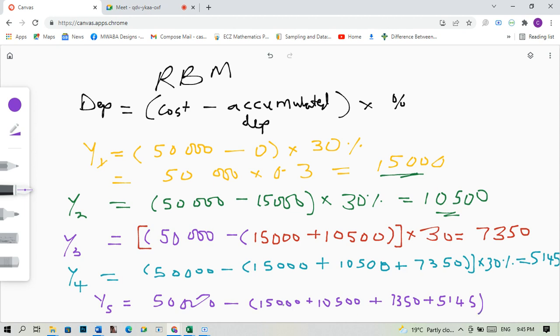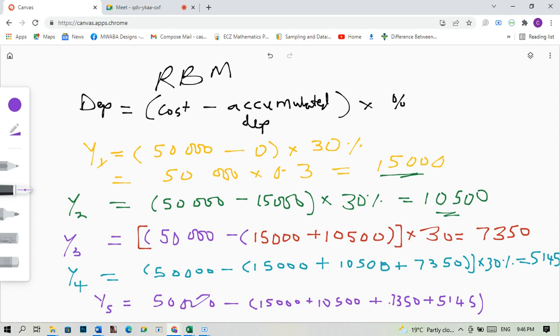Remember, when we added the first three numbers, we got 32,850. So 32,850 plus 5,145, we get 37,995. And we say 50,000 minus 37,995.